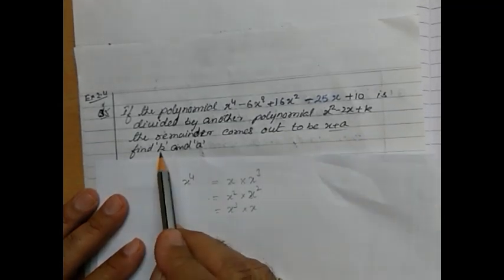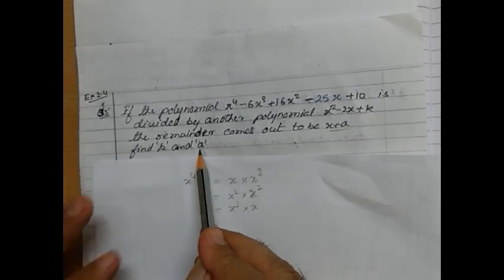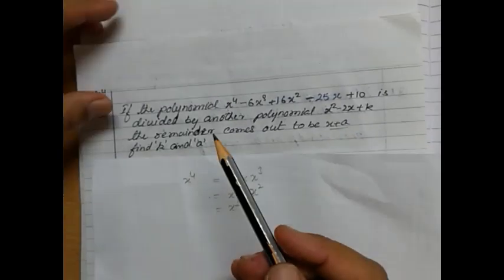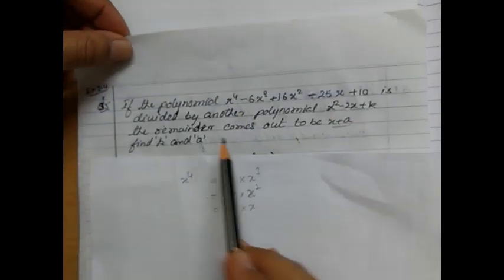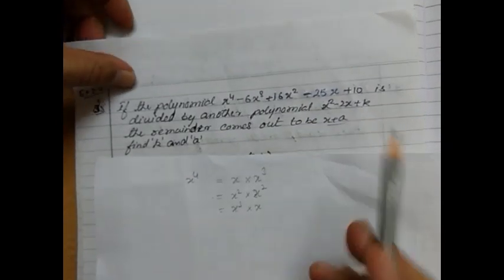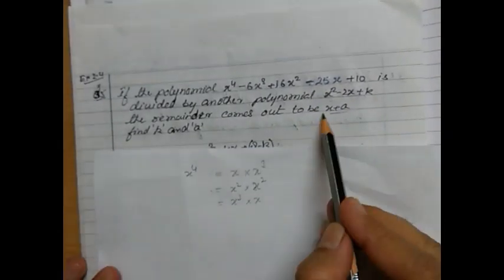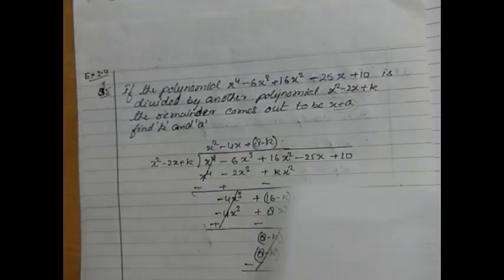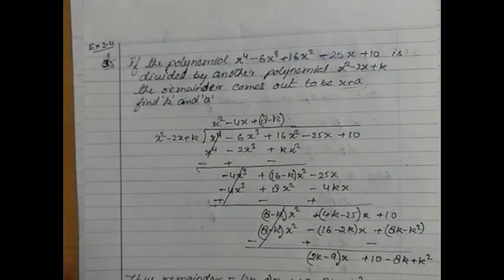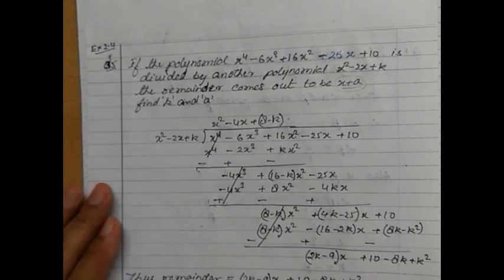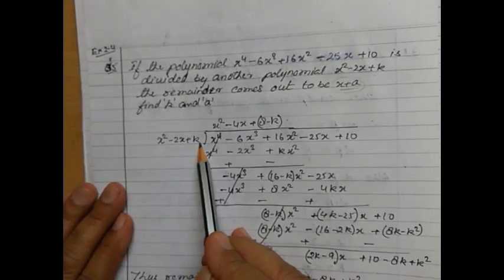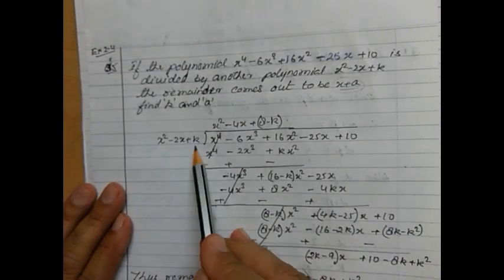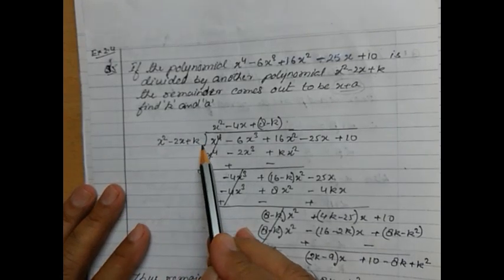Then you have to find the values of k and a. So here we will divide this polynomial by the other polynomial and find the remainder. It says the remainder is x plus a. Now when we divide it, you see in the divisor we have another variable other than x, and we have to find the value of k.